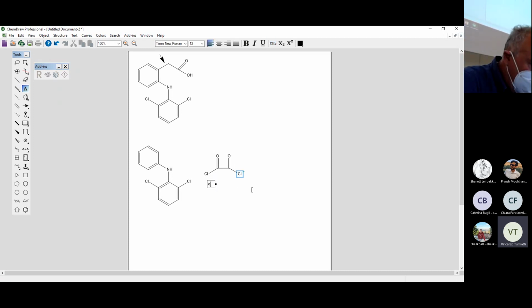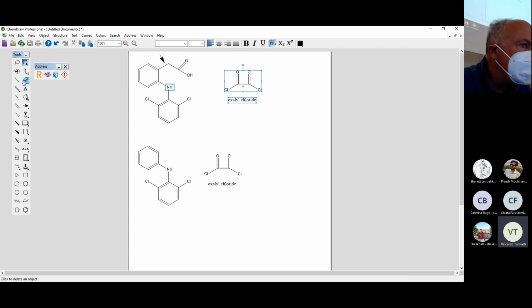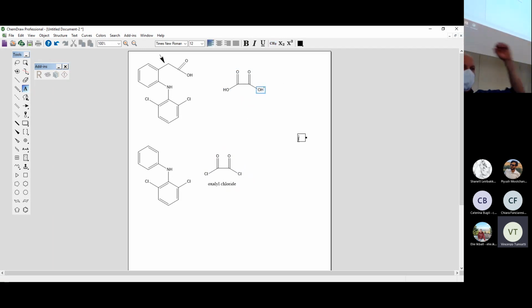This compound is called oxalyl chloride. This compound is the activated form of oxalic acid. You have already seen oxalic acid in biochemistry. You remember the Krebs cycle, if you remember. Oxalic acid is a natural compound.